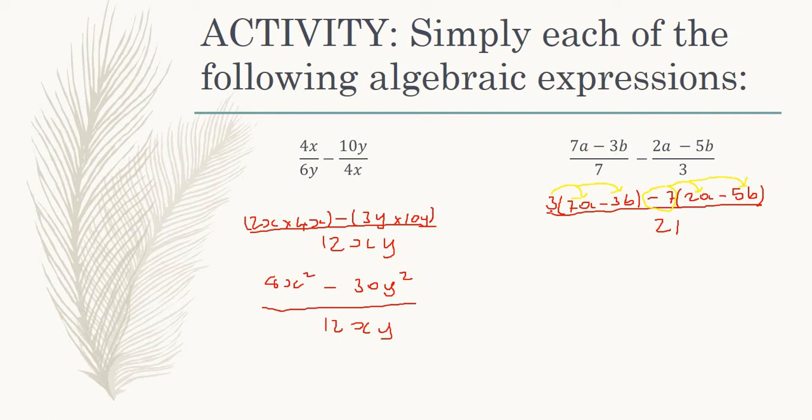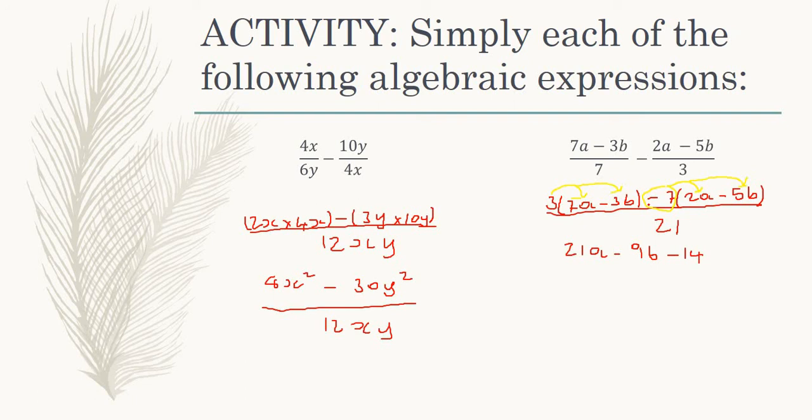So 3 times 7a, that's going to give us 21a. And 3 times minus 3b, that's going to give us minus 9b. Now here, you have to remember that we are taking negative 7. So negative 7 times 2a, we're going to get negative 14a.